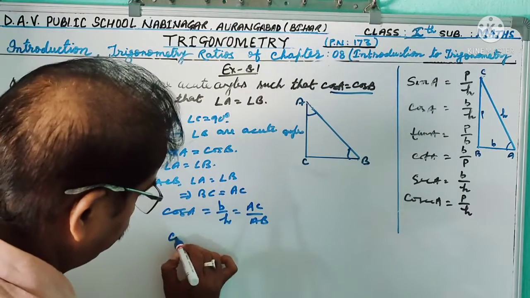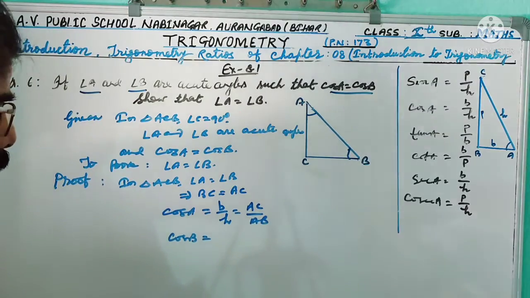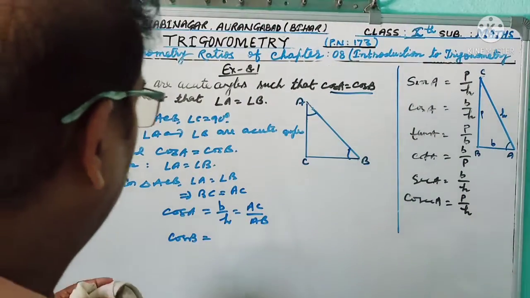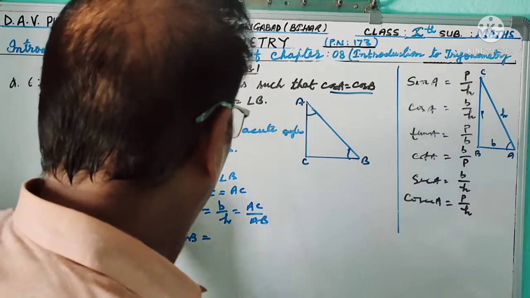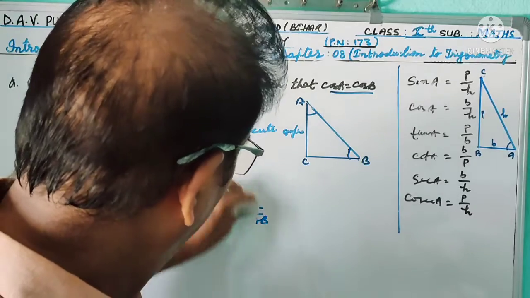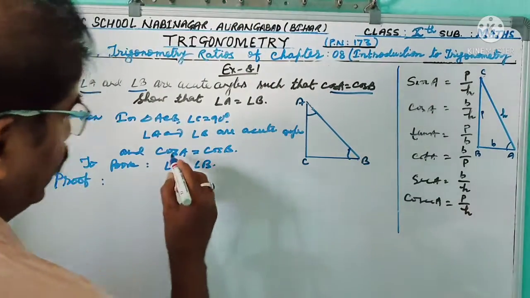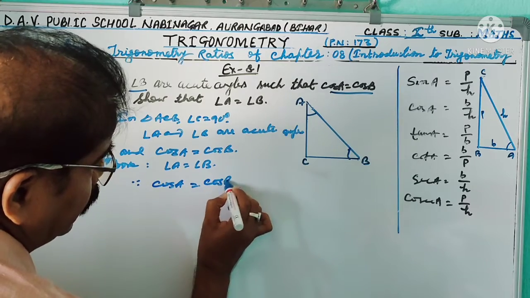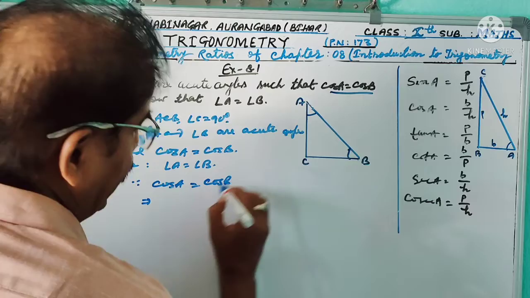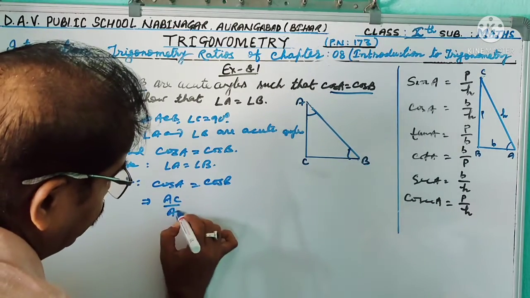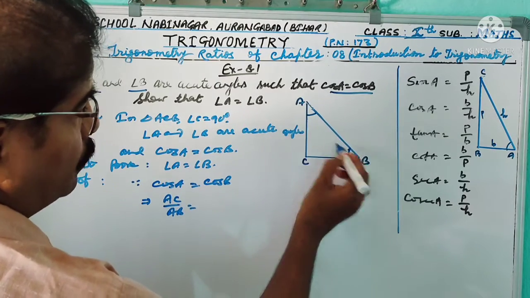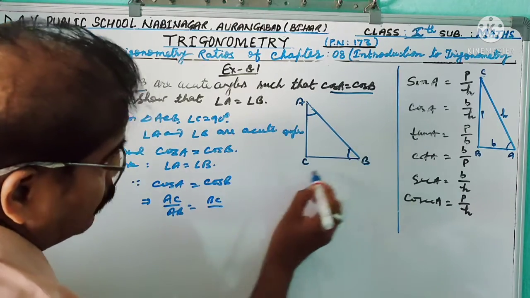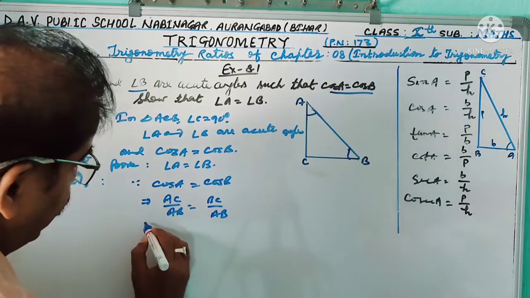And cos B, dear friends, given that cos A equal to cos B, therefore cos A equal to AC by AB and cos B, this angle, side opposite angle B is perpendicular AC, so cos B equal to BC by AB.